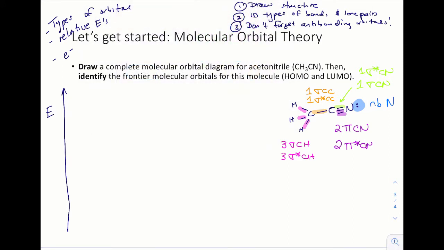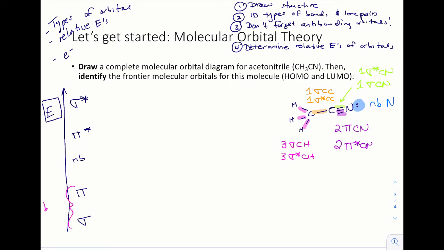Okay, now you have to put the orbitals on the chart in terms of relative energies. Generally speaking, the lowest energy type of orbital will be sigma, and then a pi, and then non-bonding, and then the antibonding orbitals, pi star and sigma star. And for more details, you can review the full lesson from Organic Chemistry 1.